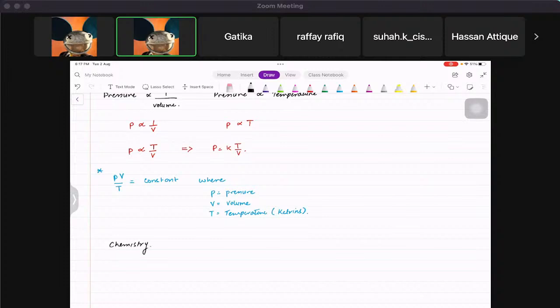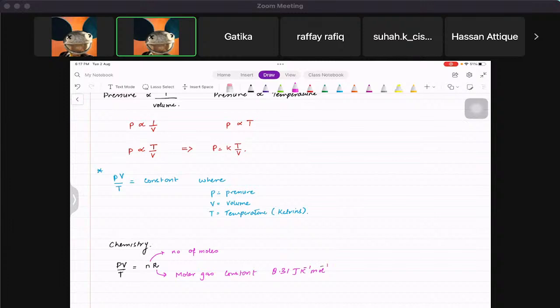So the chemistry equation is that PV upon T is a constant which is equal to nR, where N is the number of moles and R is the molar gas constant, which is also given in the data, and the value for this is 8.31 joules per kelvin per mole. So you got to remember this.